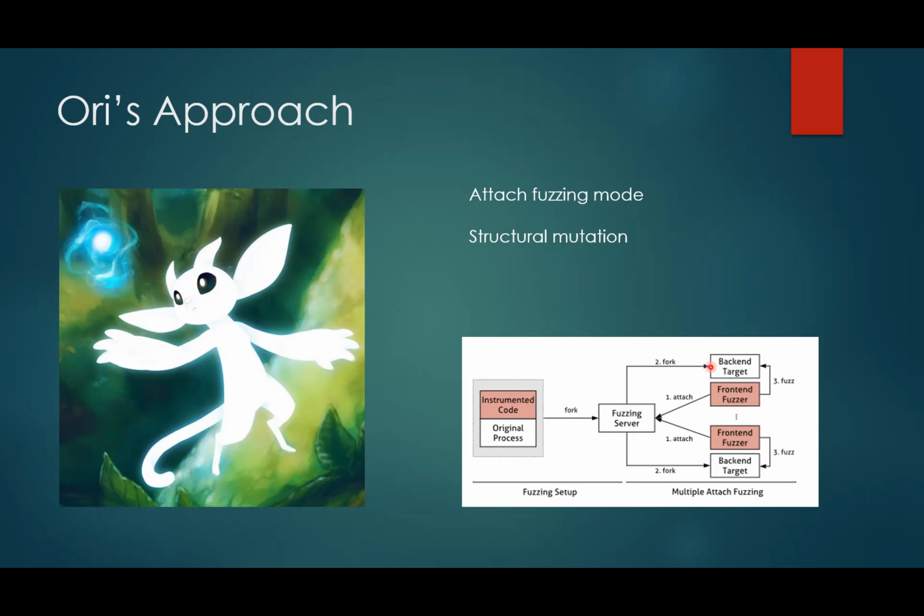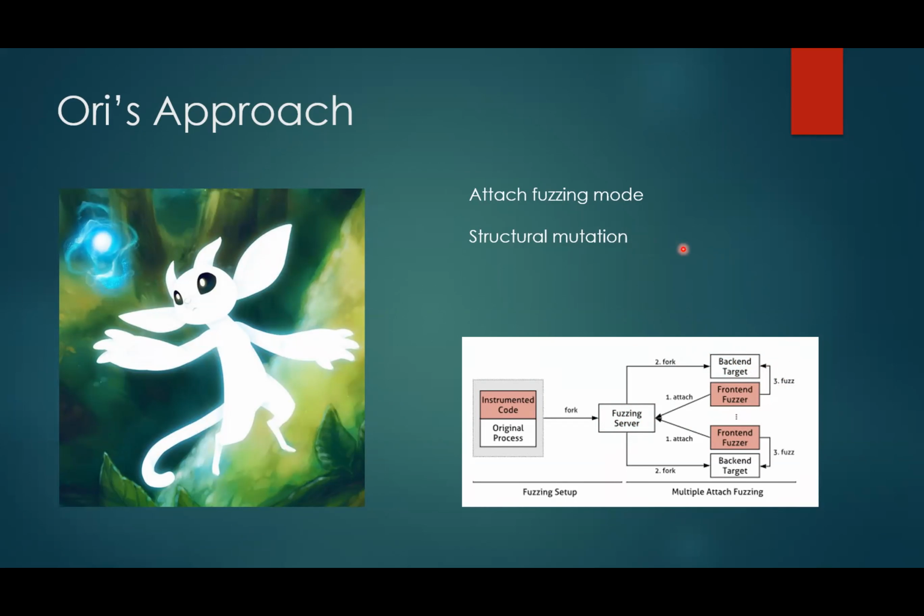After that, we can fork new instances of the same process for us to test with. All these new test processes are still using the same port. There's no conflict, and we can run multiple instances of the fuzzer. In this case, we can deal with the problem of parallel fuzzing.